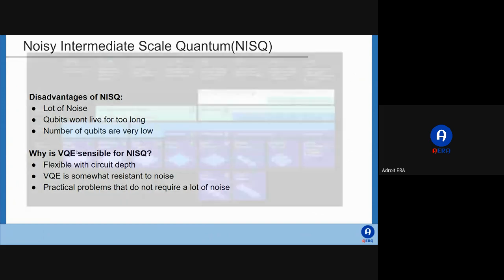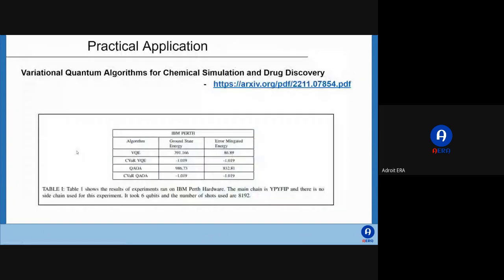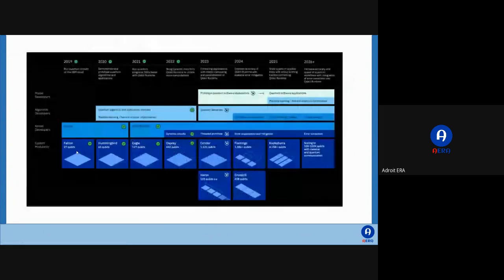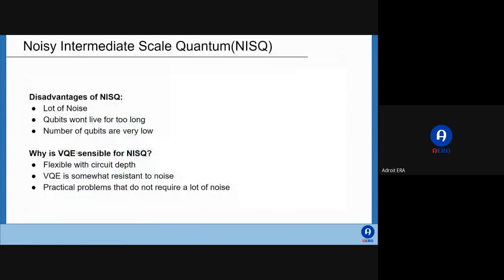In the next slide, I'll also discuss the practical application of VQE. So we can exclude noise for VQE. I mean, not completely exclude, but at least compared to other algorithms, it is somewhat resistant to noise. VQE is also flexible with circuit depth. So that is why we are using VQE in NISQ.